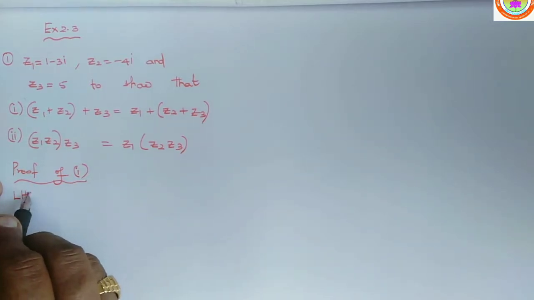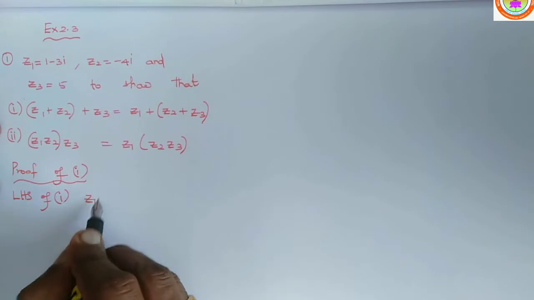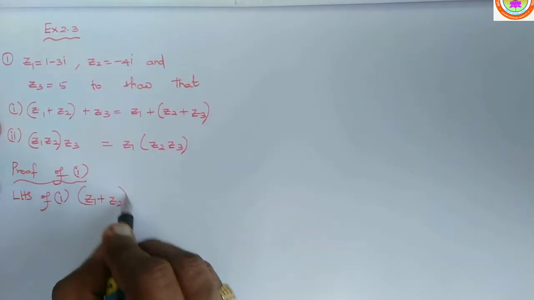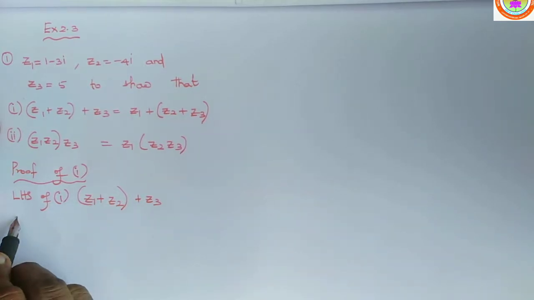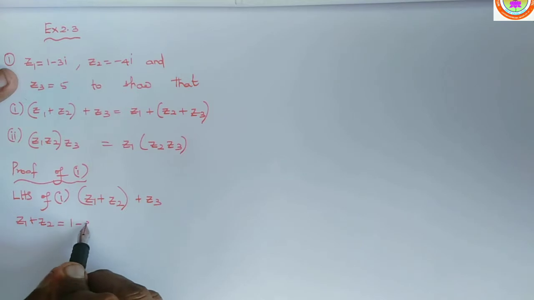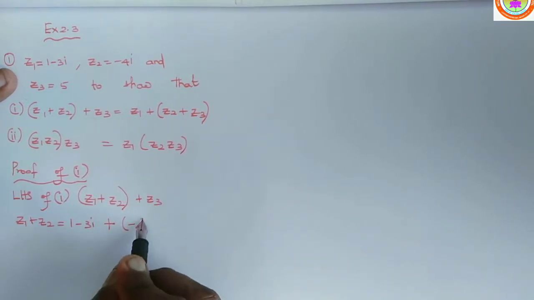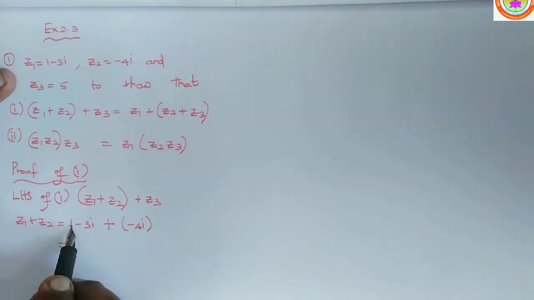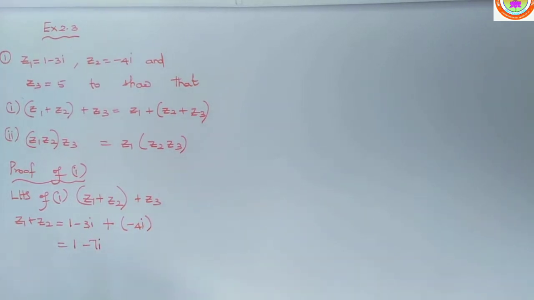Taking first the LHS. LHS of subdivision 1 is nothing but Z1 plus Z2 plus Z3. First we need to add the bracket: Z1 plus Z2. Z1 value is 1 minus 3i plus Z2 value is minus 4i. We know how to add real and real, imaginary and imaginary. So minus 3i minus 4i gives us minus 7i.